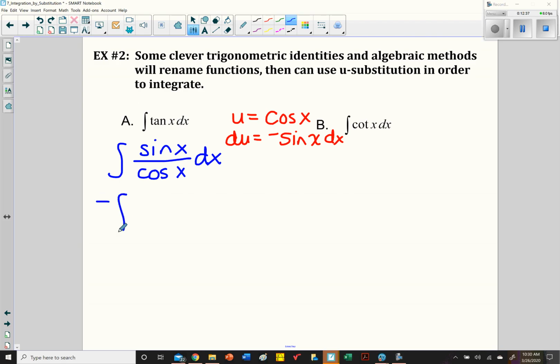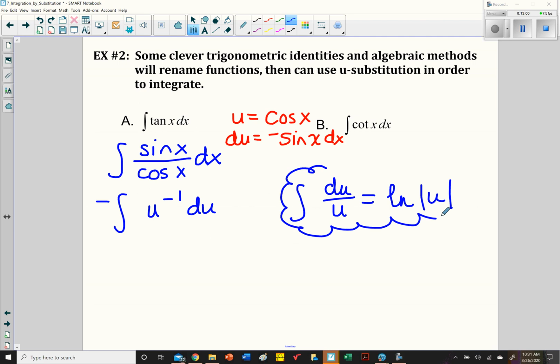Put the negative outside, and we have a u to the negative 1 with the du. Now, several days ago, lessons ago, we had the integral du over u is natural log of the absolute value. So I believe that was in the properties lesson when we had the list of all the derivatives and all the integrals for the year.